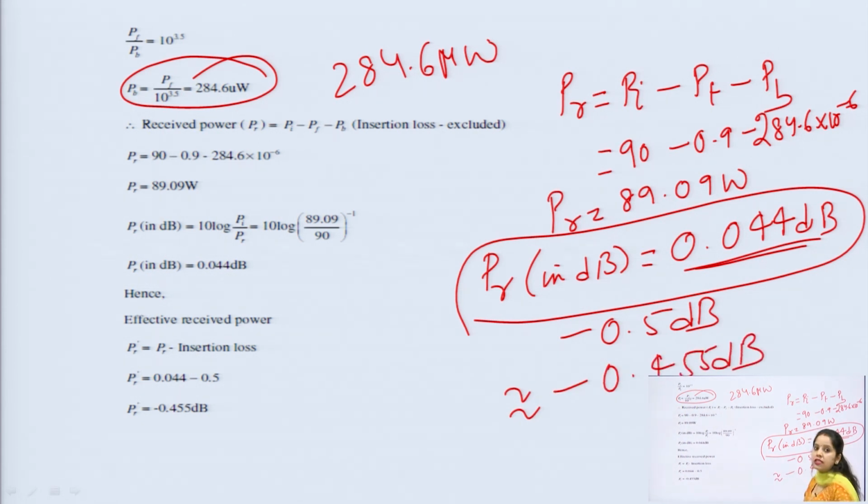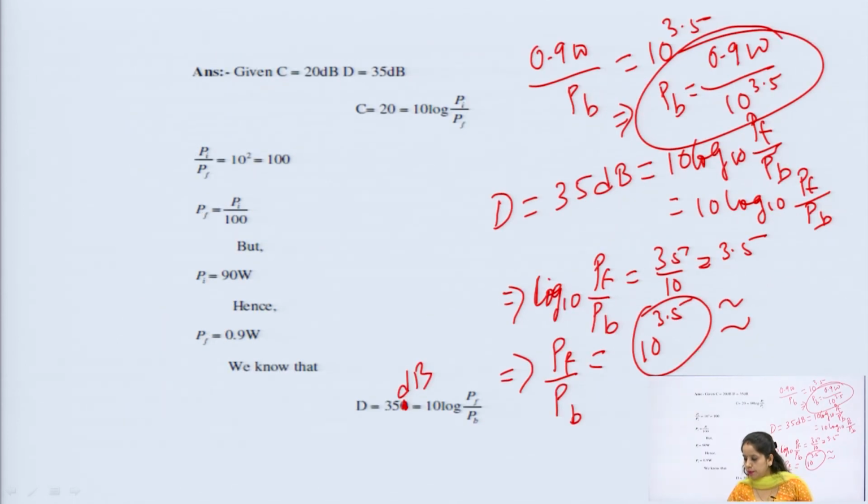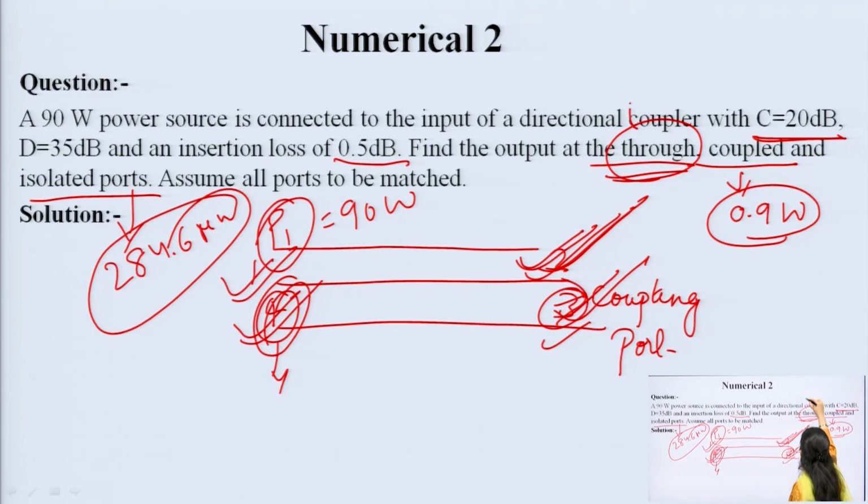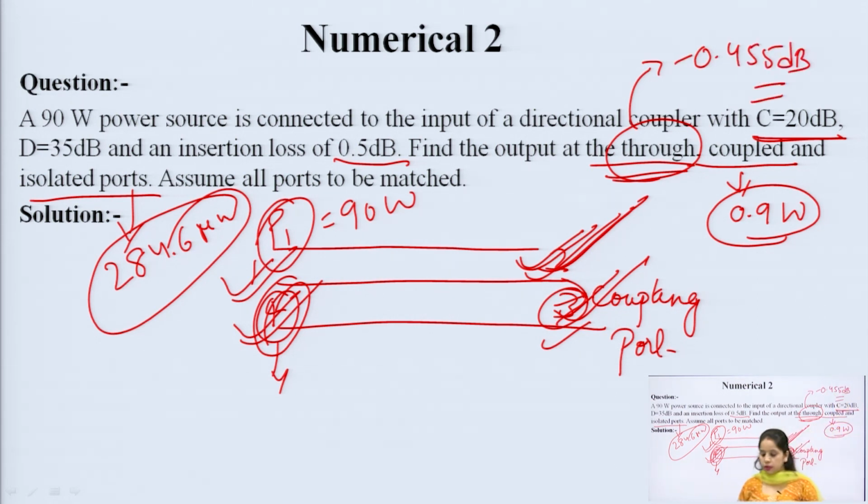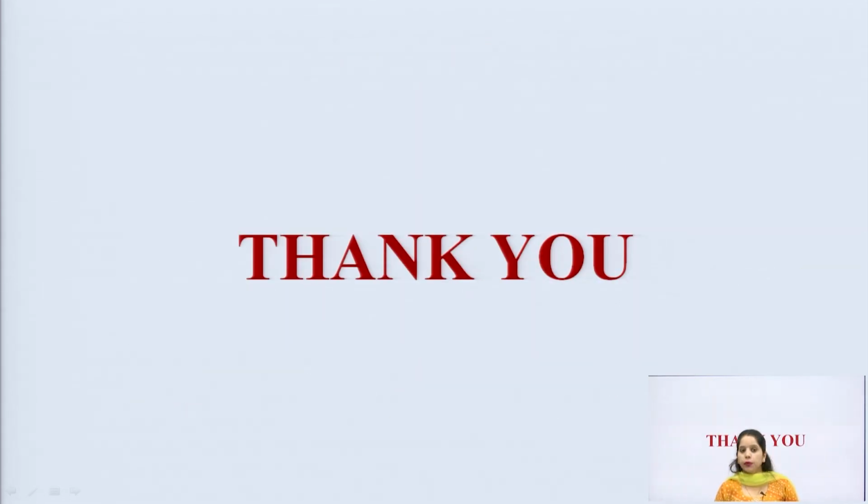If the insertion loss is not mentioned, you can directly have this as our power at the through output, but insertion loss is mentioned, that is why we have to subtract it, and after that we are getting minus 0.455 dB as our through output. So, minus 0.455 dB. So, here completes this numerical related to directional coupler. Thank you for attending today's lecture.